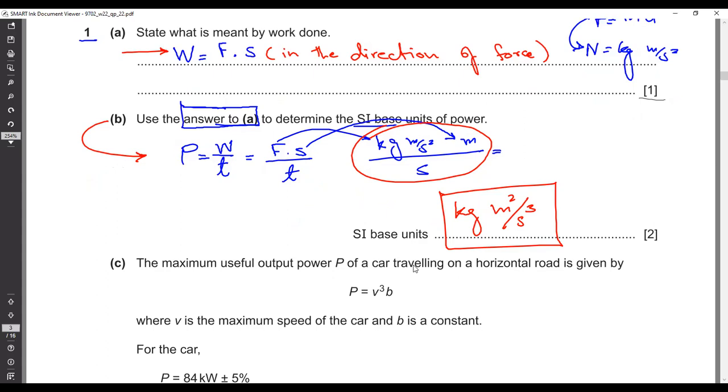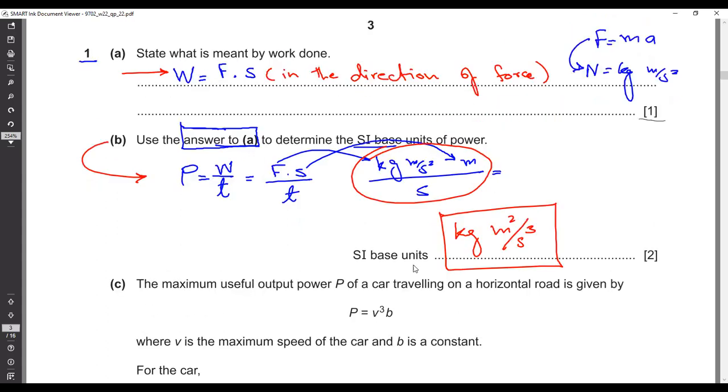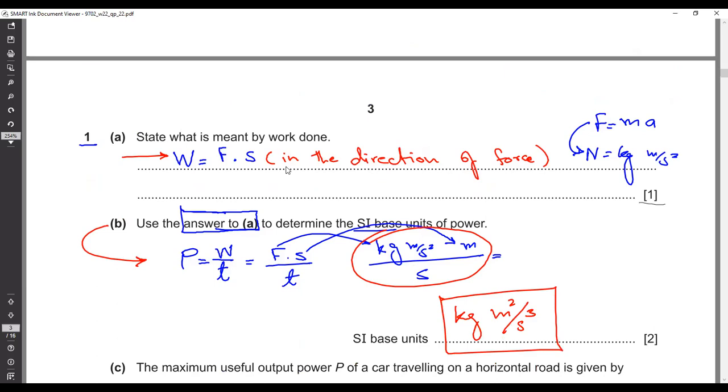Yes. Okay, that's good. Now read the C part. Like Tanya, we have practiced what is work: force times the displacement in the direction of the force, and the unit for the power, using the answer to A. So power is energy transfer per unit time, or work done per unit time. So work, using the answer of A, is force times the distance.